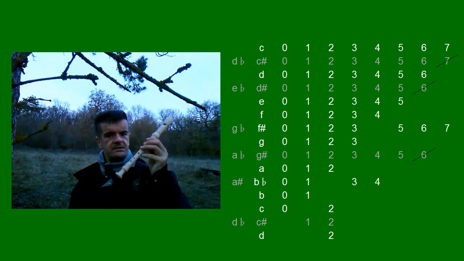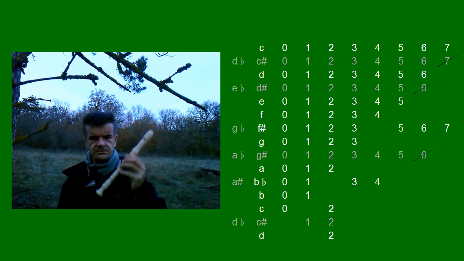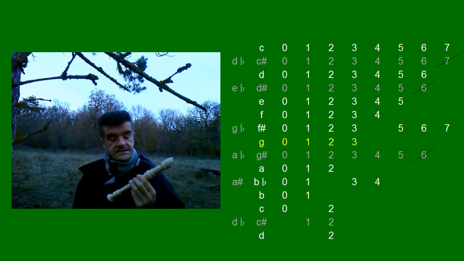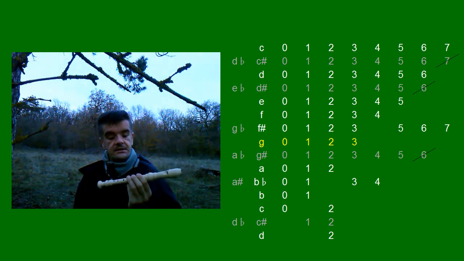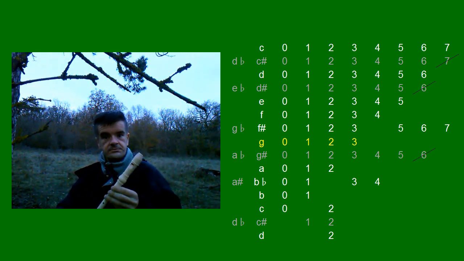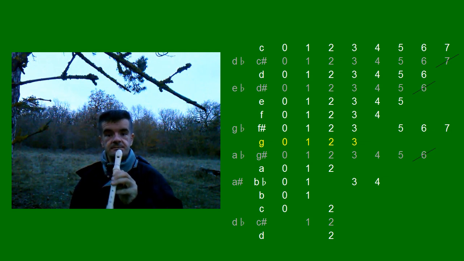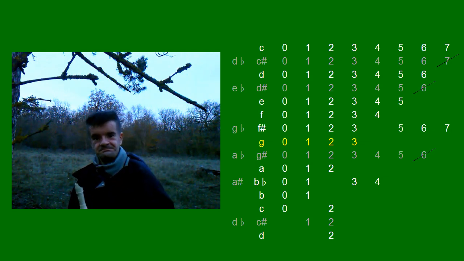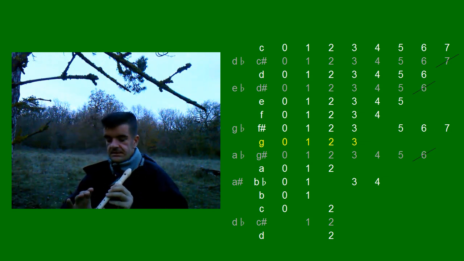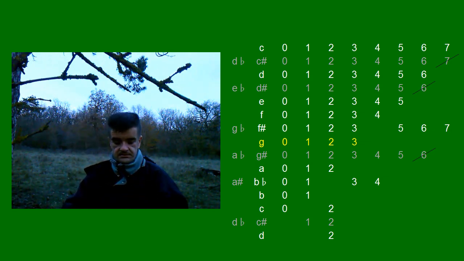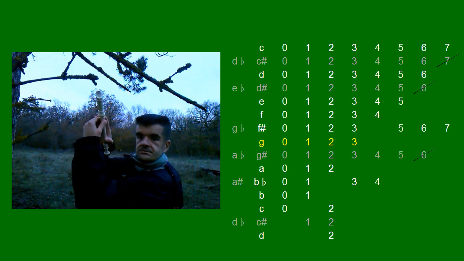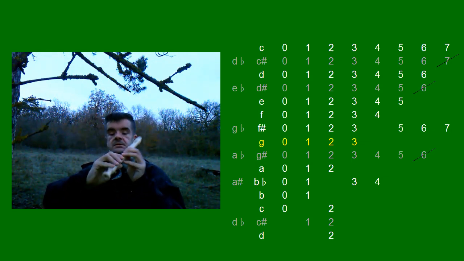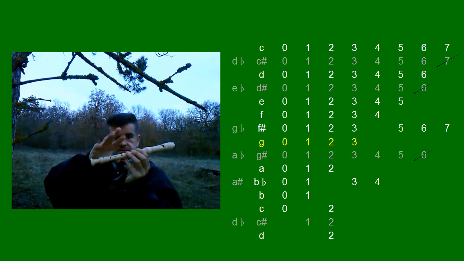Here I have a chart showing what you have to cover. This covered, if you blow, you have a G. This is a G. Now you take your right hand, put your thumb at the back, and cover all the others with four fingers.